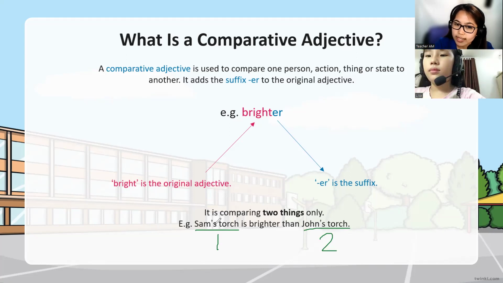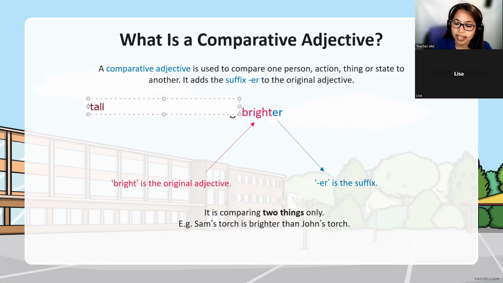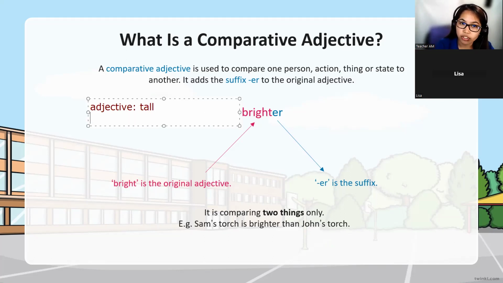We say Sam's torch is brighter than John's torch. Now let me give you more examples. We have tall. This is an adjective. If we're going to compare two things, we add er. It becomes taller. That's the comparative adjective.